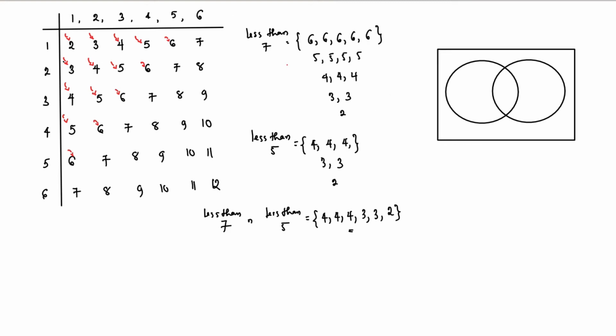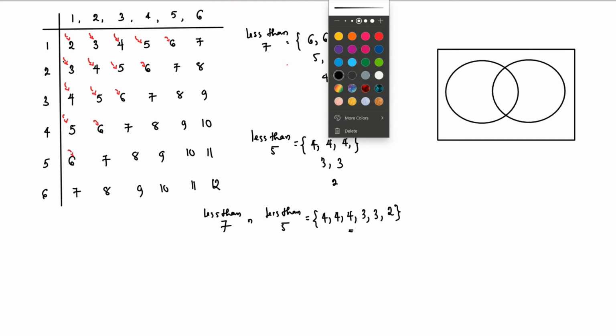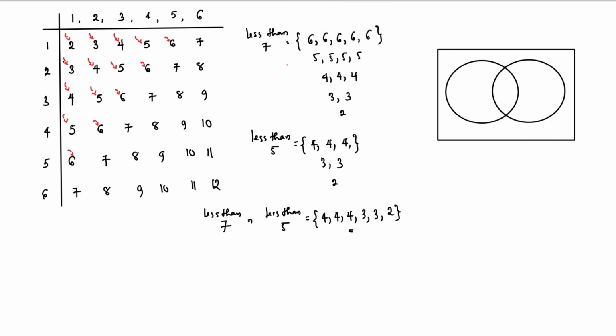The universal set is the rectangle and the circles represent the given sets. So what is the intersection? We have 4, 4, 4, 3, 3, 2. So these are the intersection. We can call this less than 7, and we call this less than 5.